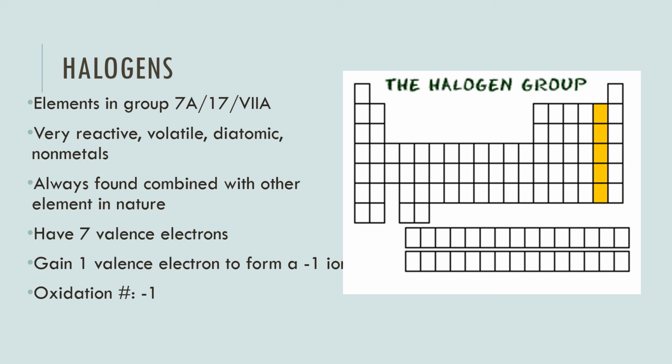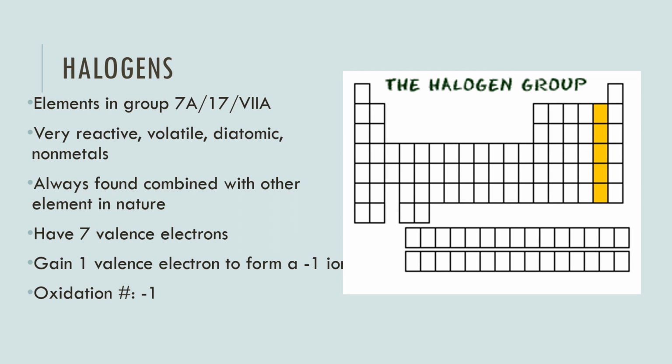All of the halogens have 7 valence electrons, and they gain 1 valence electron to form a -1 ion. Their oxidation state is a -1. So remember before, oxidation number is the charge an atom will have once it gains or loses electrons.